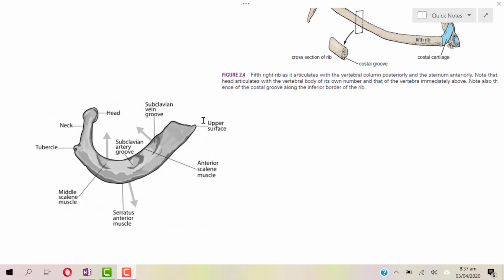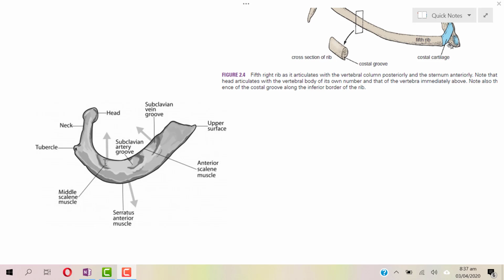Again I will repeat: this is the anterior end, this is the posterior end, this is the inner border, this is the outer border, and this is the superior surface. On the superior surface we have two grooves, for the subclavian vein anteriorly and the subclavian artery posteriorly. In between the two grooves there is a scalene tubercle on the inner border, which gives attachment to the scalenus anterior muscle.